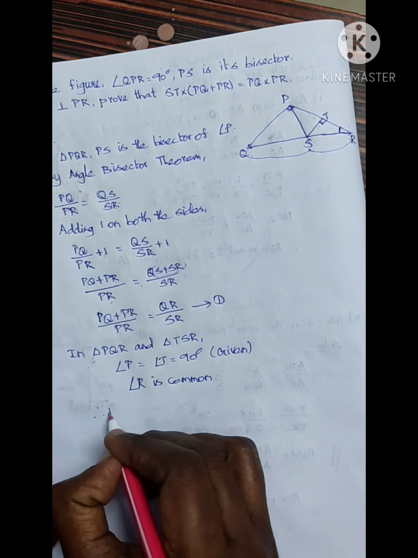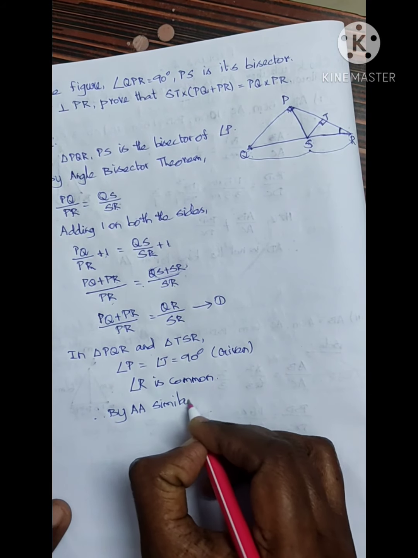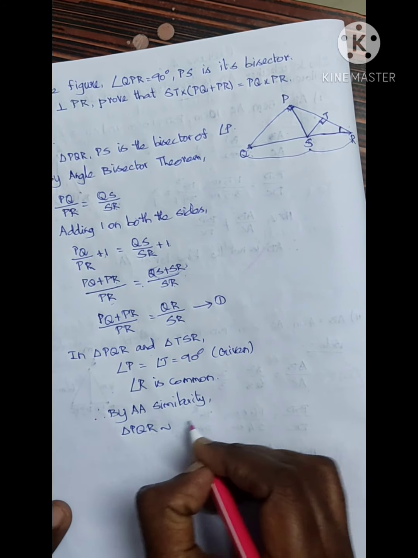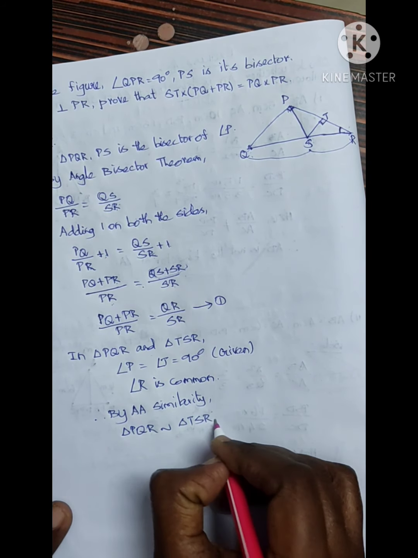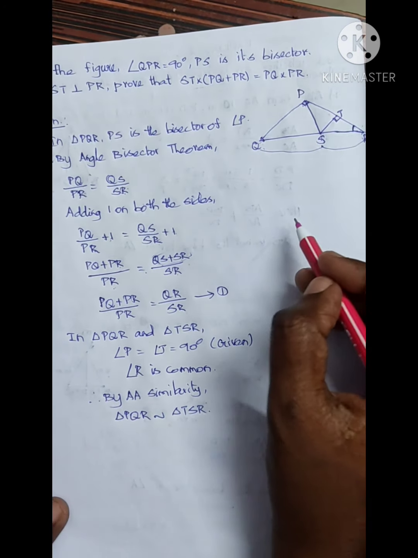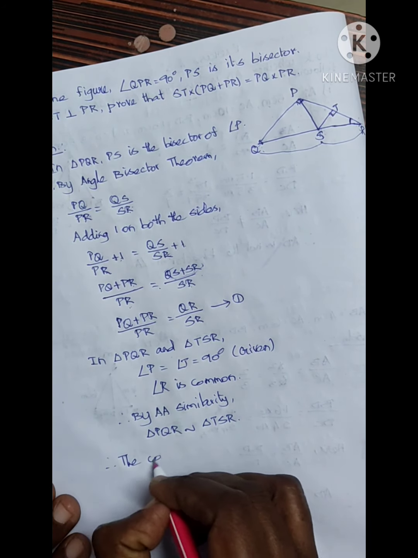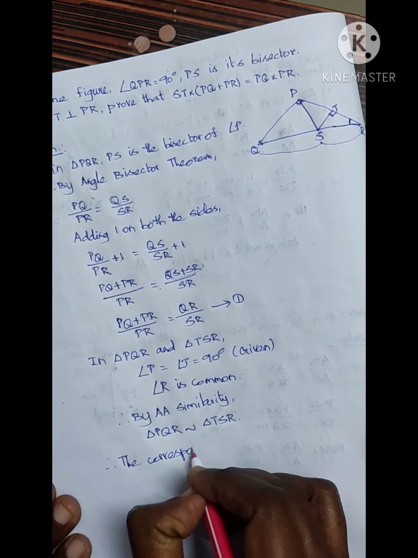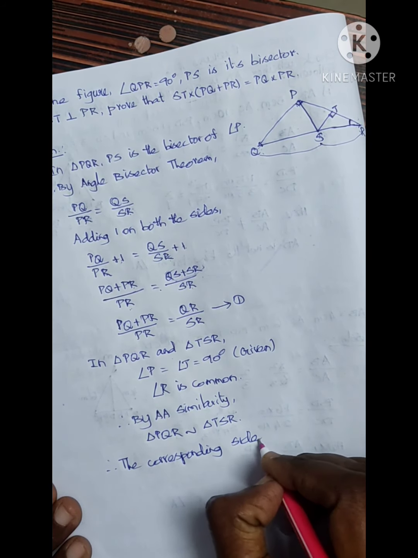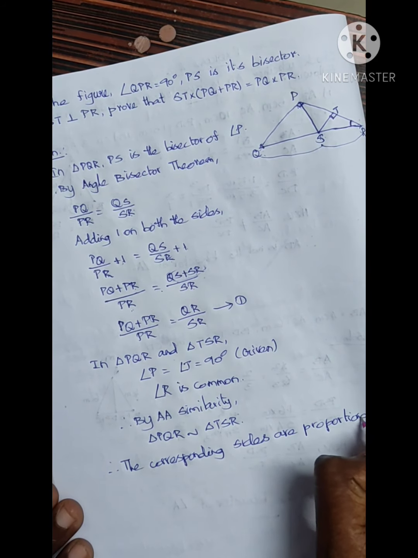Therefore, by AA similarity, triangle PQR is similar to triangle TSR. So, since these two triangles are similar, the corresponding sides are proportional.